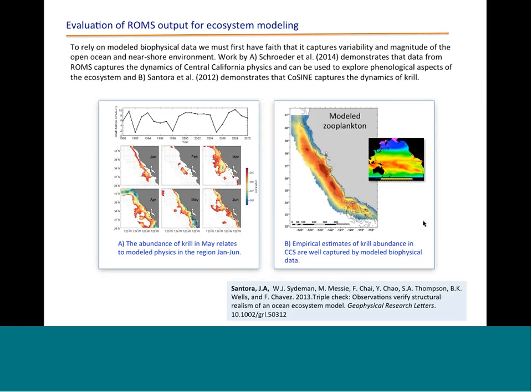It's run out of Jet Propulsion Lab and GFDL, and it's basically Fei Chai and Yi Chao. What this model shows us on the right is that we can actually hook that model to their ROMS and, taking it through the biological components, get all the way up to zooplankton, or in this case, krill abundance on the shelf along the coast.